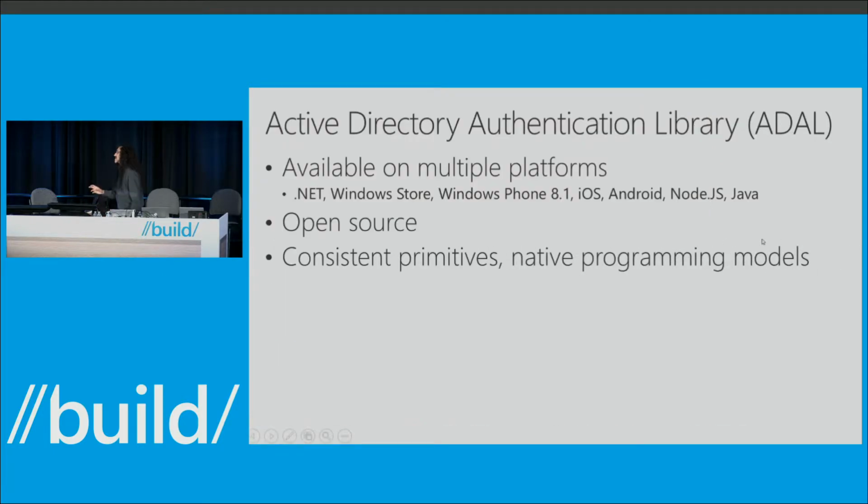OK. The idea is that we try to give you very consistent primitives, so things that help you to perform the tasks that I described earlier, but we try to be good citizens of the platforms that we are targeting. So earlier I joked about how odd to me it sounds to have to specify the first parameter when you create Objective-C methods. However, regardless of how odd it looks to me, it's the way in which iOS operates, and so we do that.